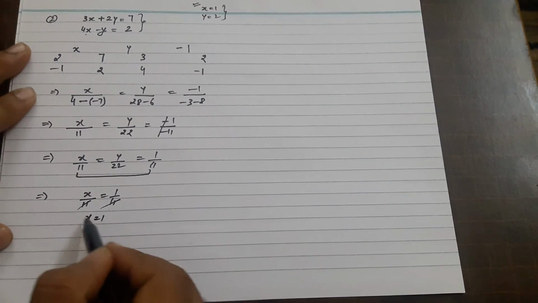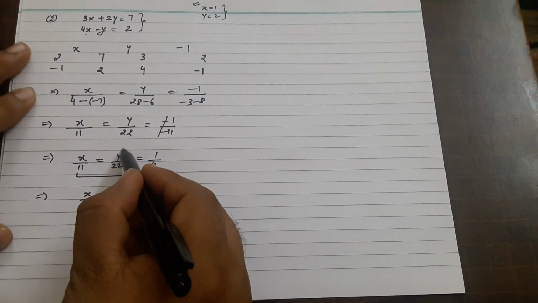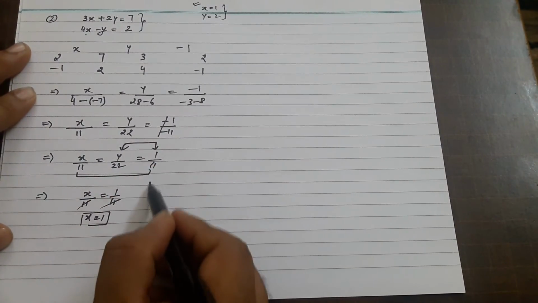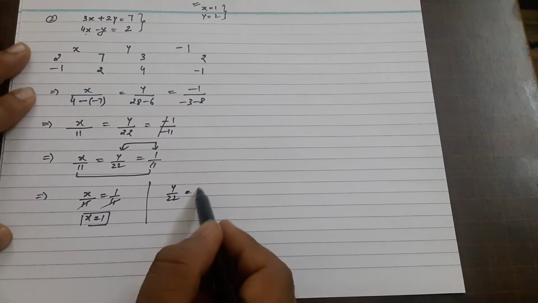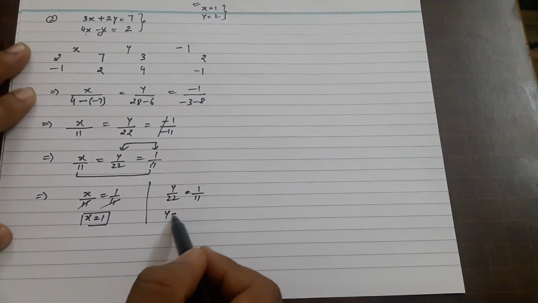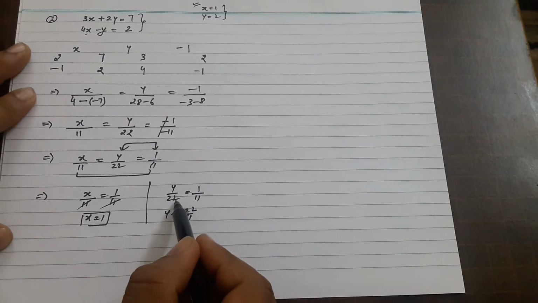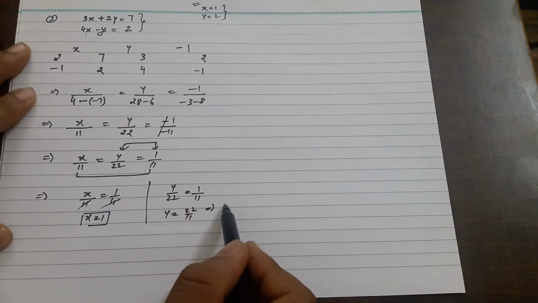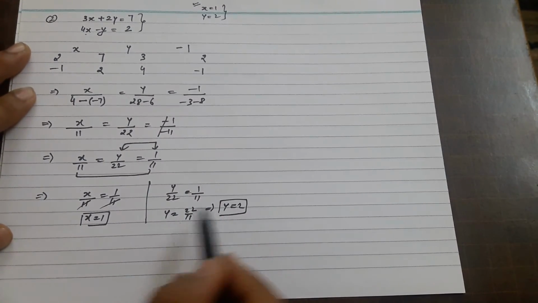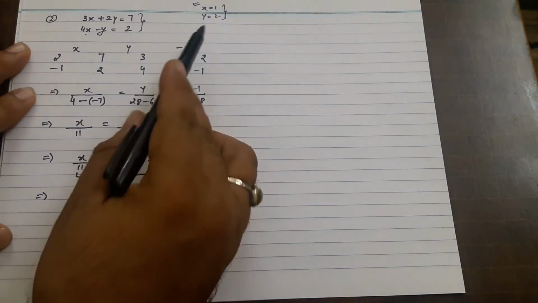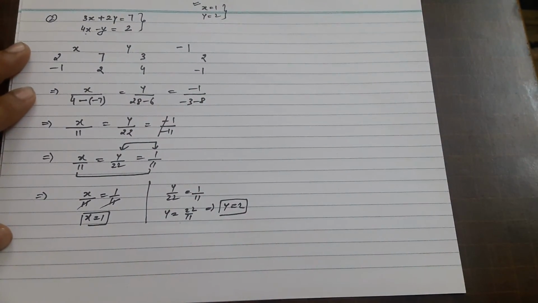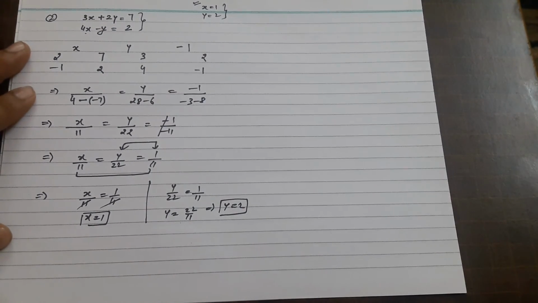The 11 cancels out, x is 1. Similarly we can compare these two also, so we have y by 22 is equal to 1 by 11. So y is equal to 22 by 11, because 22 goes to that side, and y comes out to be 2. So we have the solution x equal to 1 and y equal to 2. In this way we can solve a pair of linear equations in two variables by the cross multiplication method.